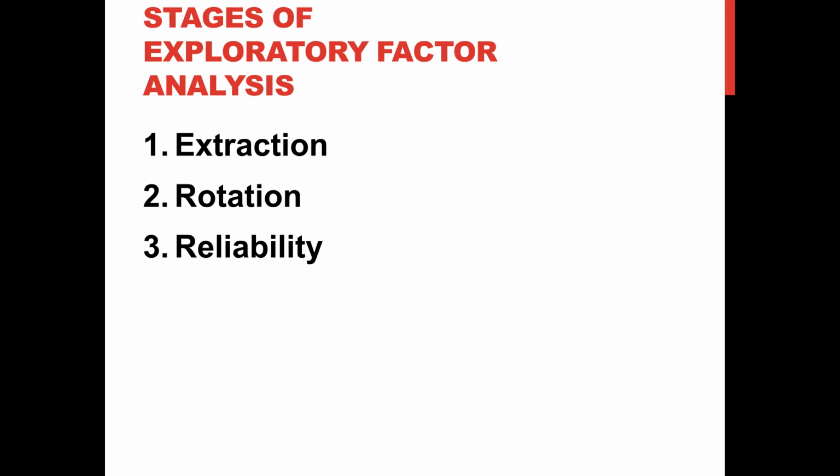The goal of the second stage is twofold: A, to statistically rotate the factors, manipulating the results to make the factors more interpretable, and B, to make final decisions about the number of underlying factors and also give them a name and make interpretations. And third, to check the reliability coefficient of the factors that were extracted.